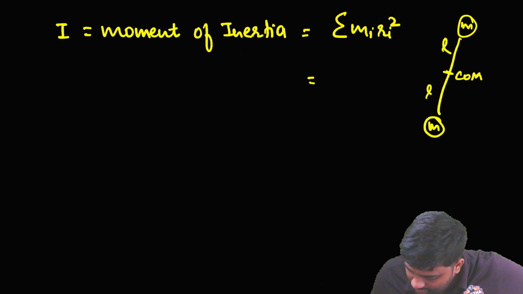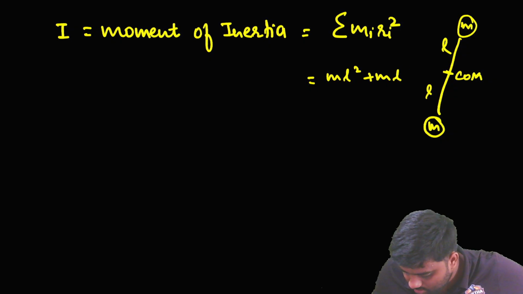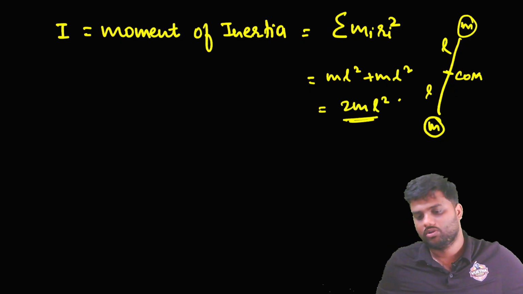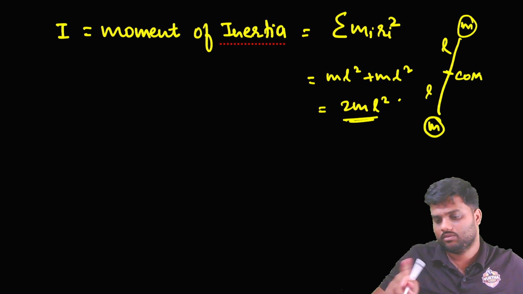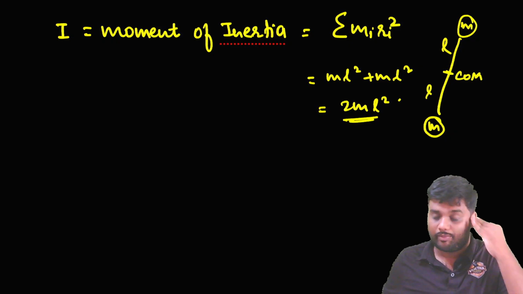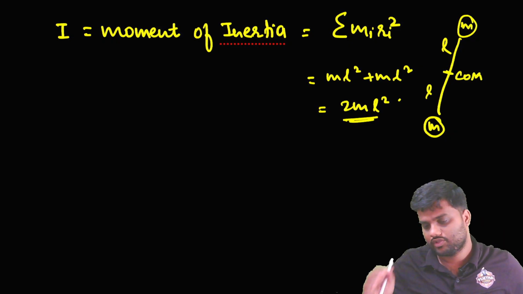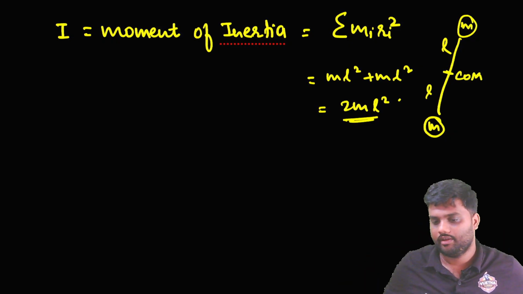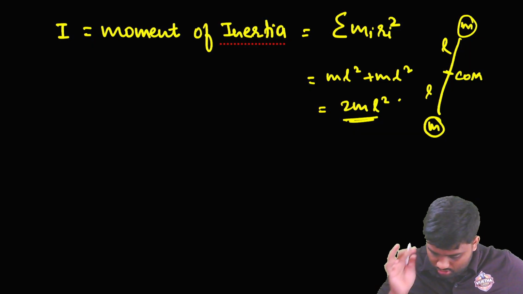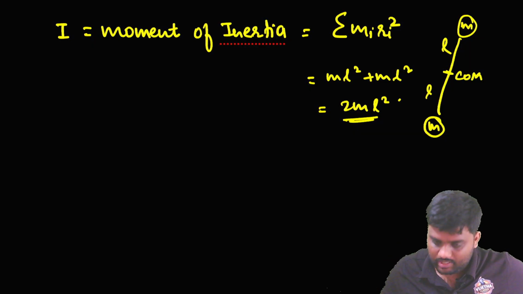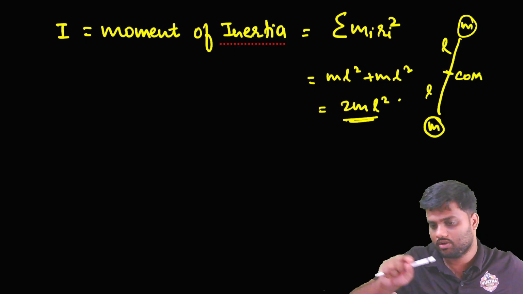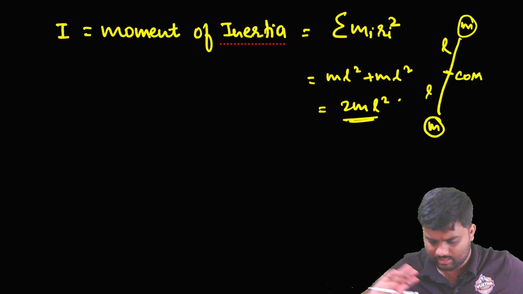This moment of inertia is given by mL square plus mL square, that is equal to 2mL square. You should know the moment of inertia formulas across what it is actually rotating. Here the moment of inertia for this object is about the center of mass. Center of mass doesn't shift.